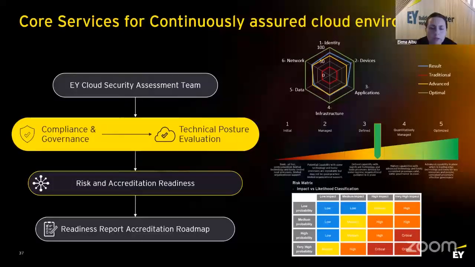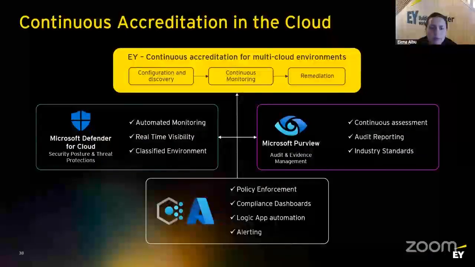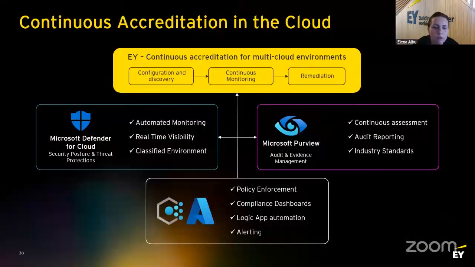Going further on the next slide, the next step to achieve compliance would be the configuration within your tools. The first step of assessment can be skipped. It depends on your maturity, if you already have some cloud environments or not, and it can address other clouds than Azure, of course. But going back to Azure, if you need to develop a continuous accreditation in the cloud using Azure, then as you can see in the picture, you can use several tools.